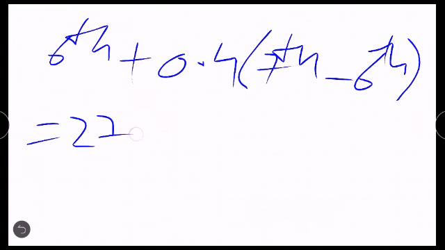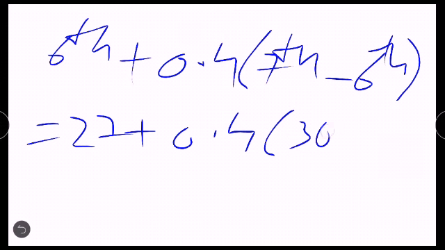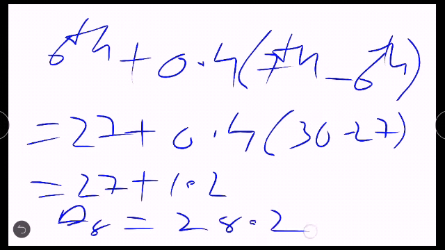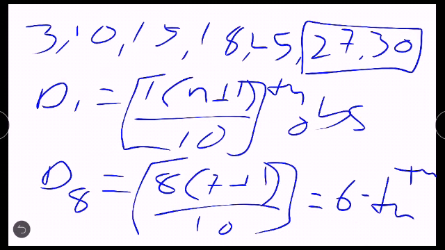So 27 plus 0.4 into bracket 30 minus 27. 30 minus 27 is 3. 3 into 0.4 is 1.2. So finally D8 is equal to 28.2. So this is the D8 value for the given observation.